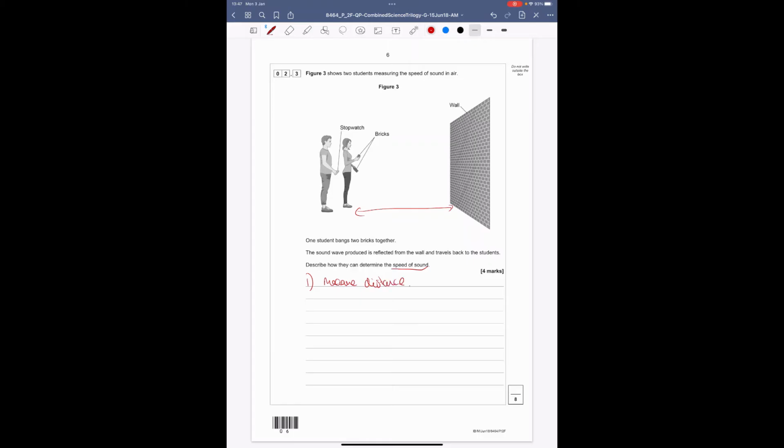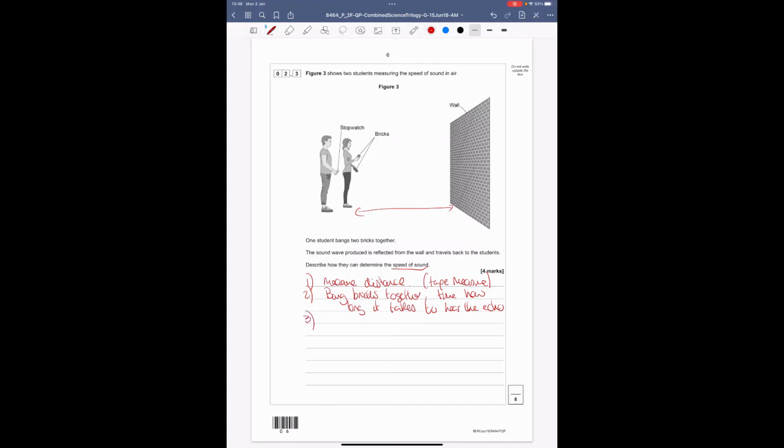Okay, they could do it, keep it simple, using a tape measure. Then, once they've got their distance, they need to get the time. So they can bang the bricks together, and then they're going to time how long it takes to hear the echo.